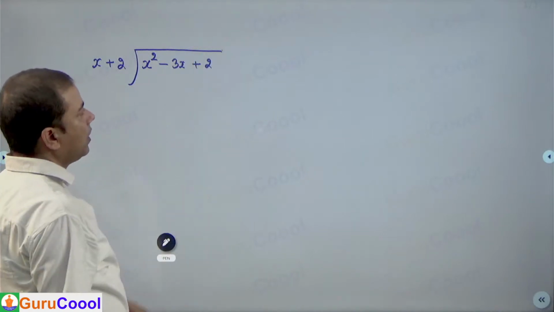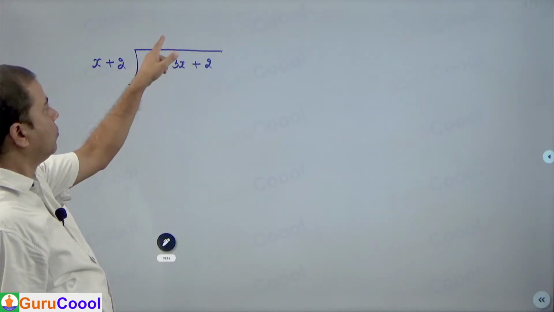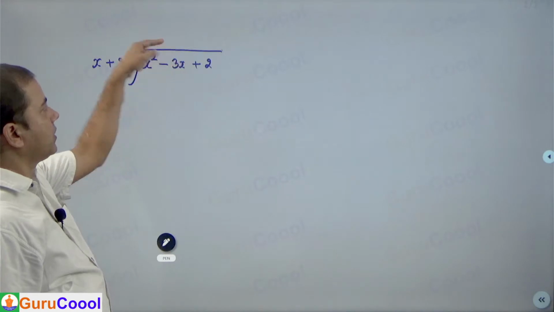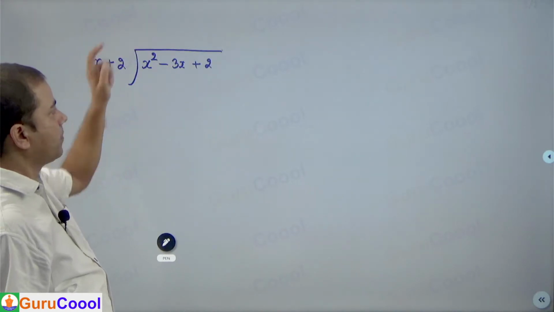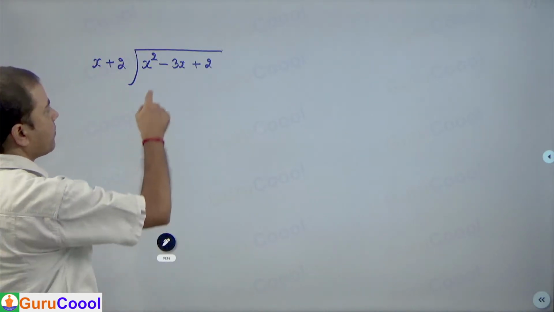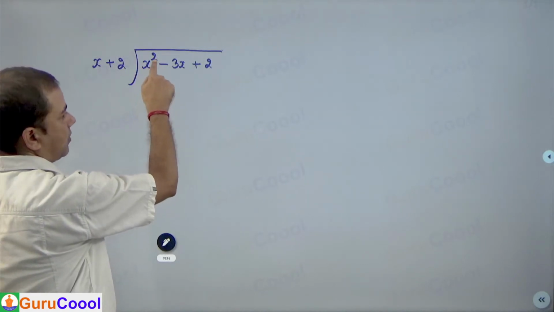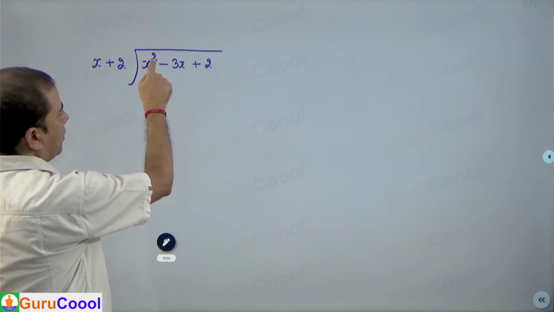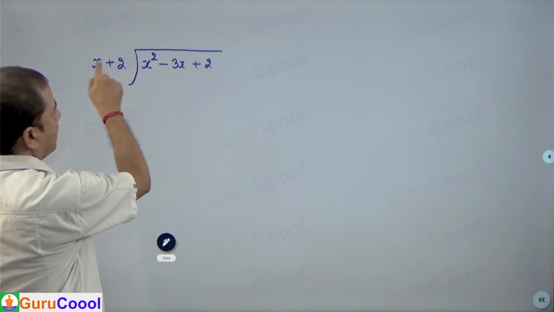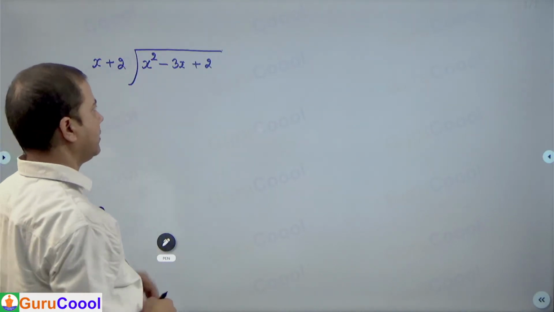How to decide what to write in place of quotient? Simple process. Take the first term of the dividend, divide it by the first term of divisor.